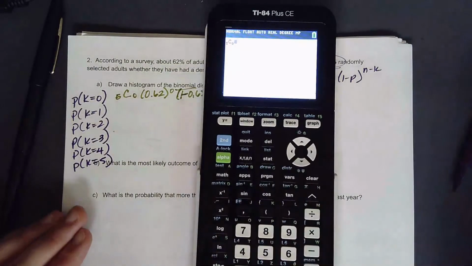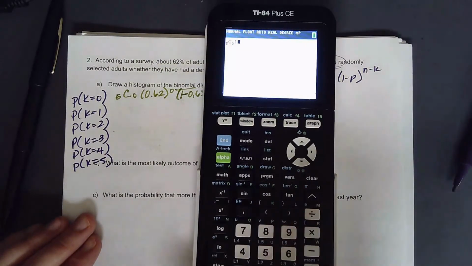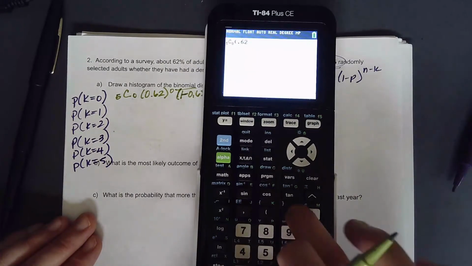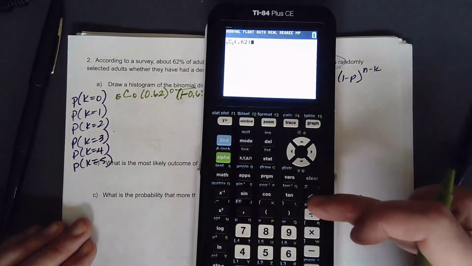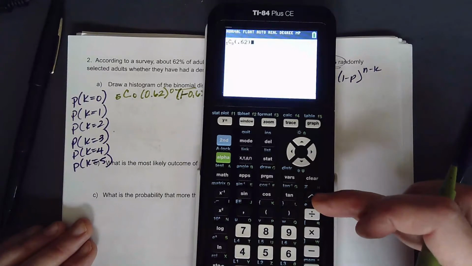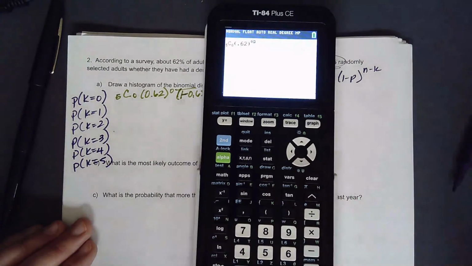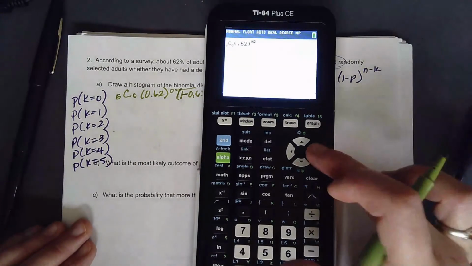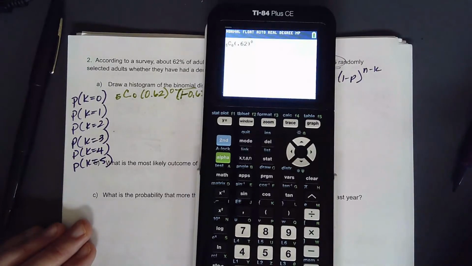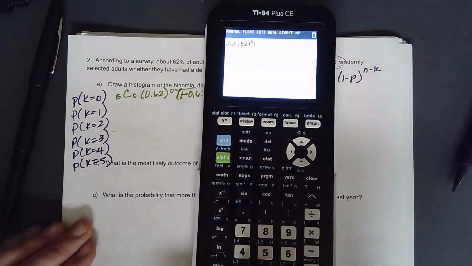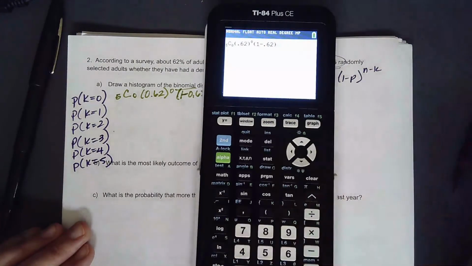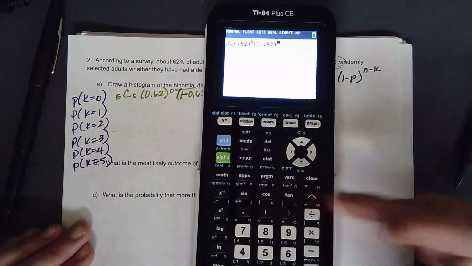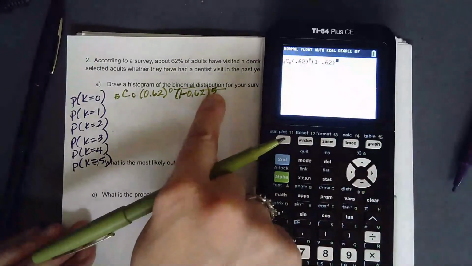Then arrow over, put in parentheses 0.62, and then hit the little caret key, which is this one above the division, and raise it to the 0 power. Then arrow down, open up another parentheses, 1 minus 0.62, because again, that's the probability of failure, and raise it to the 5th power here.